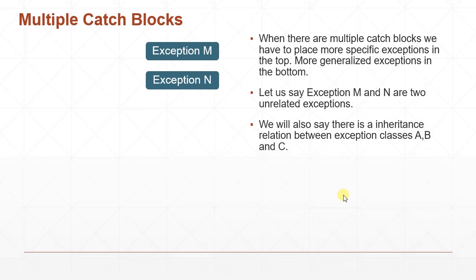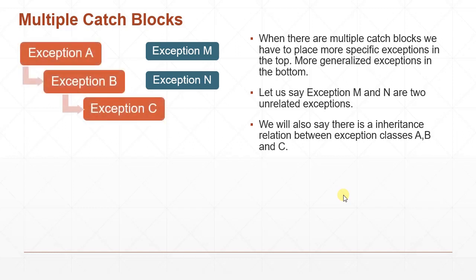Now we will consider three more classes, A, B and C. But we will assume there is an inheritance relation between these three exception classes. So here, if you see, exception C is derived from exception B, and exception B extends exception A. So this is the relation.